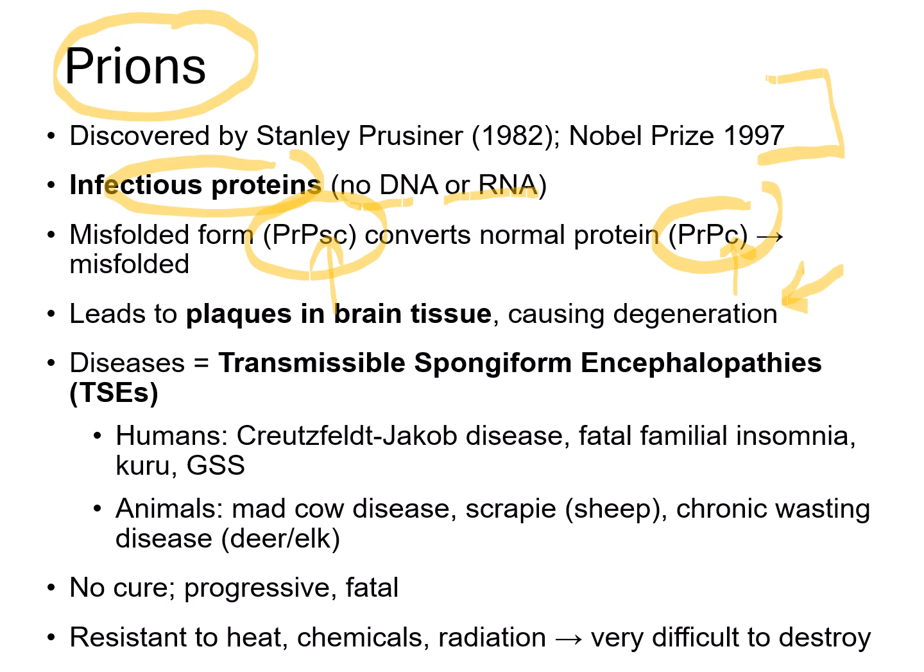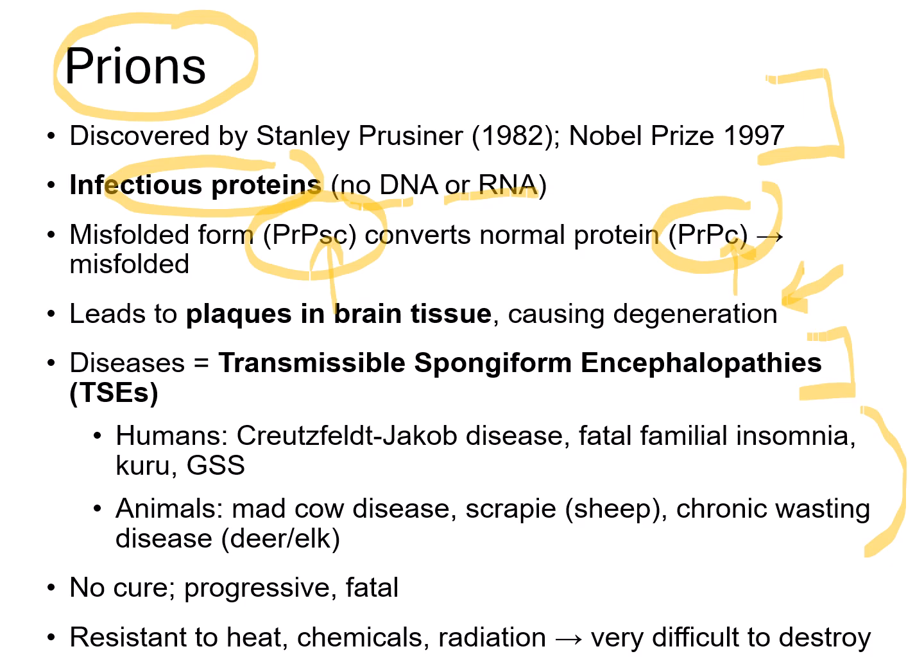Diseases caused by prions are called transmissible spongiform encephalopathies, or TSEs. In humans, these include Creutzfeldt-Jakob disease, fatal familial insomnia, Kuru, and GSS, and I'll show you a table in a bit. In animals, this can lead to mad cow disease, scrapie, or chronic wasting disease.